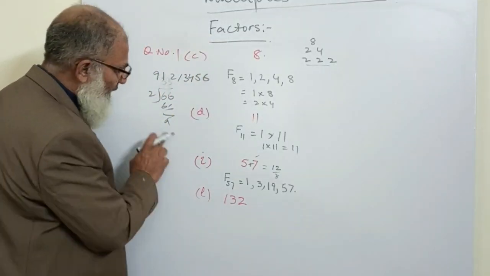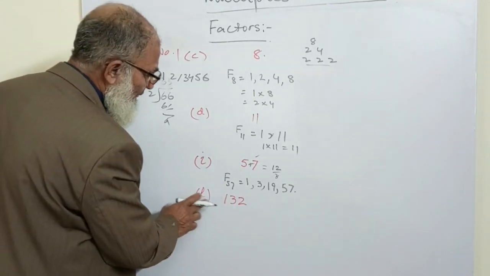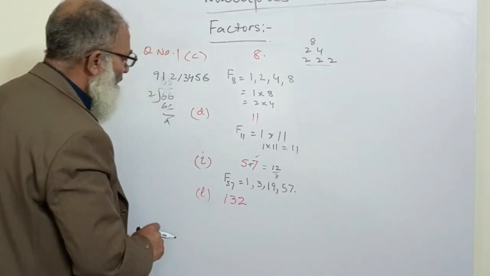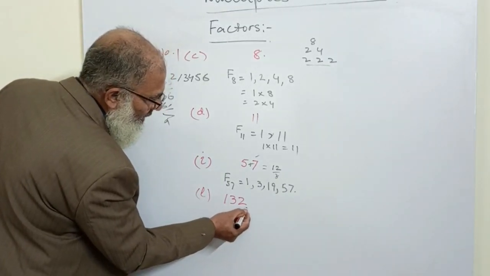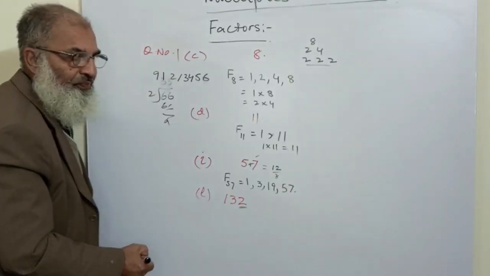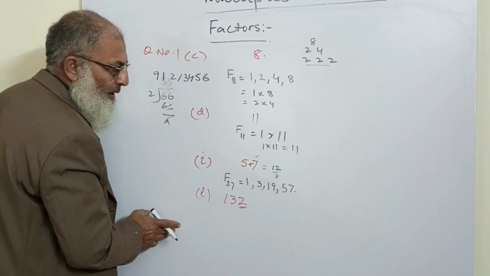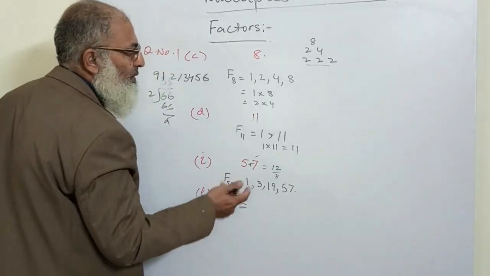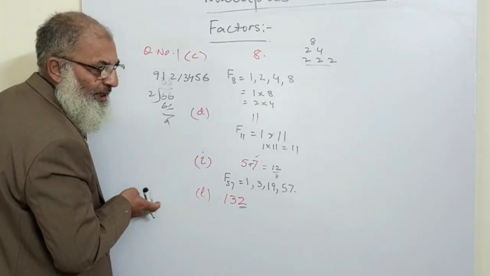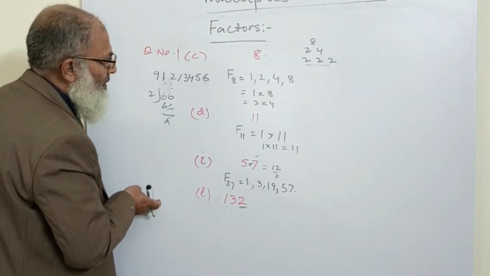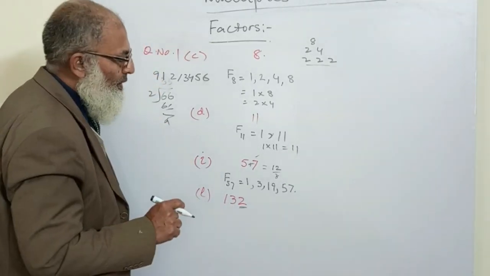So dear students, I have taken one more part from question number 1, and that is L, 132. My dear students, if you find an even number at the end of any given number, no matter how long it is, it will be divisible by 2.